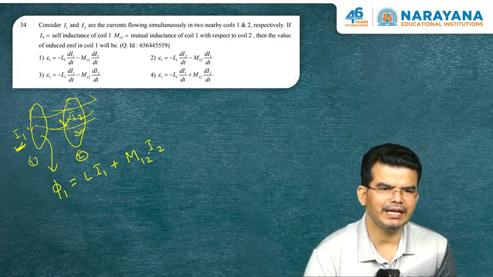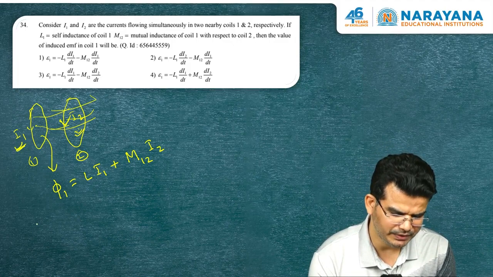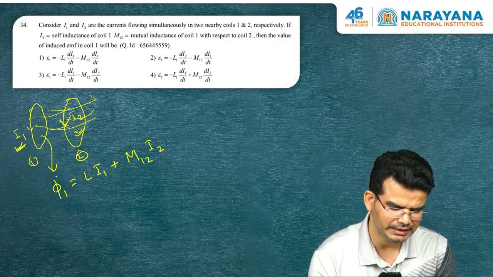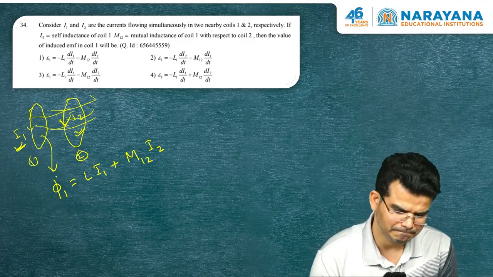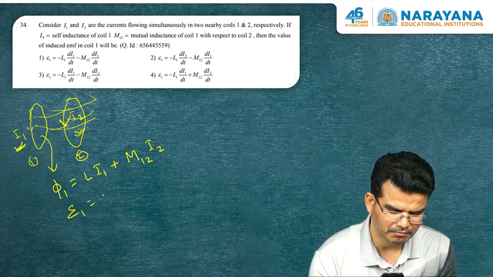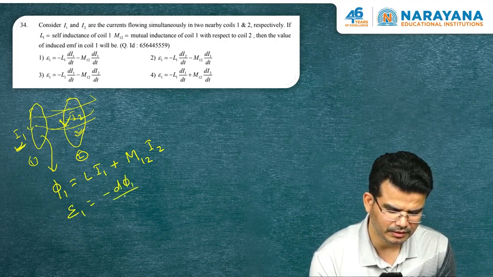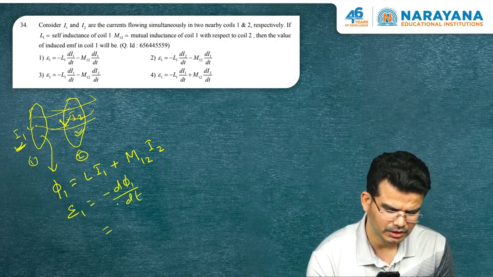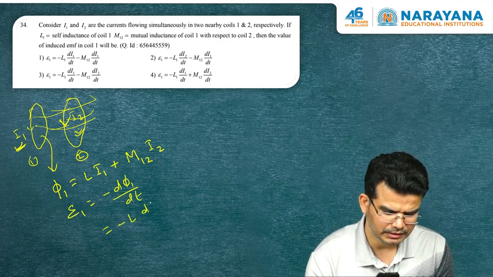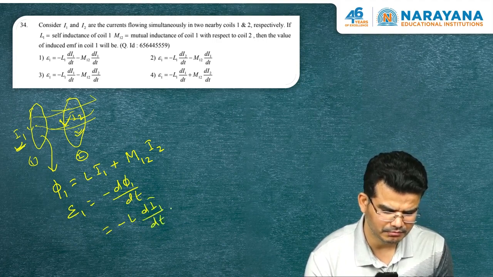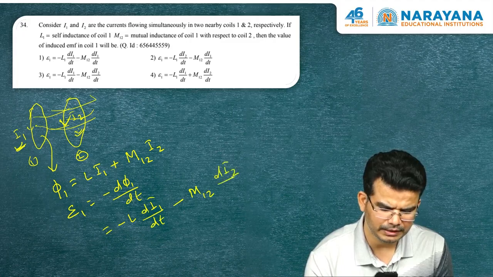Now what are they asking? EMF. So EMF is minus d phi 1 by dt because they are asking E1. So E1 equals minus d phi 1 upon dt. So just put the value. So it is minus L d I1 by dt minus M12 d I2 by dt.